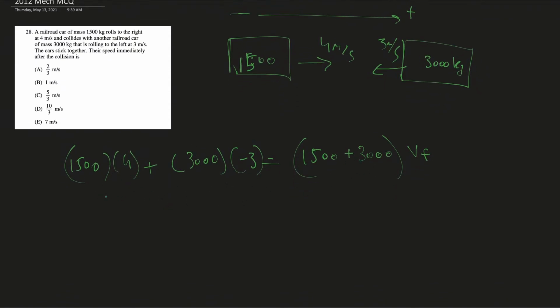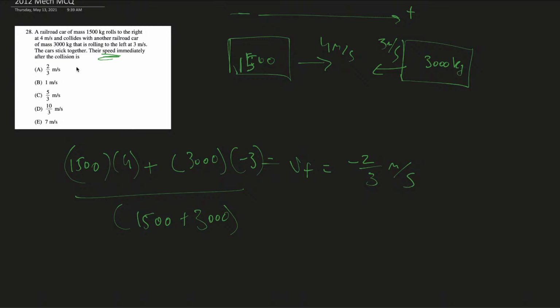If I just divide by this quantity on both sides, we get Vf is equal to negative 2/3 meters per second. But again, they're asking for speed, so we only want the absolute value of this, and that's A.